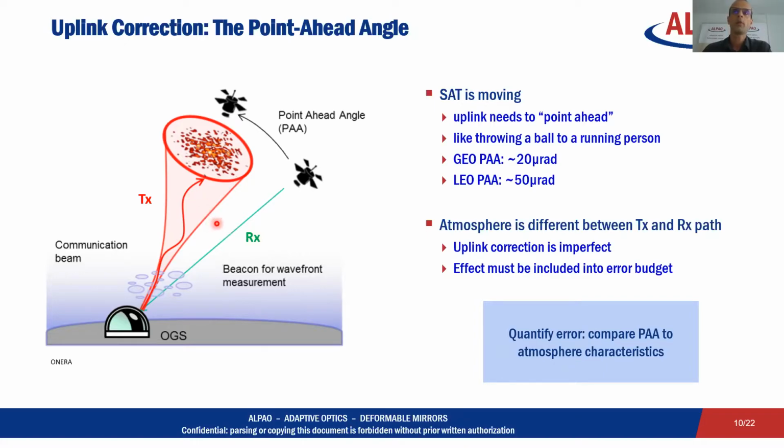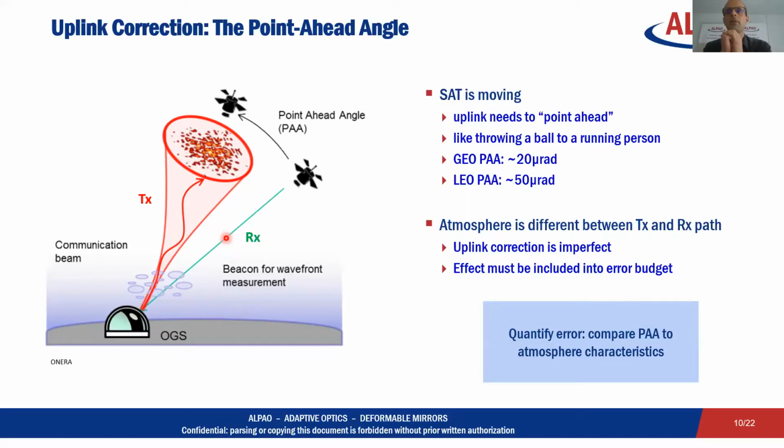Because when we want to point at something that is moving, we need to point a little bit ahead. It's like throwing a ball to a running person. If you throw it to their current position, you're not going to hit the person. And with photons that also have a finite speed of propagation, it's the same phenomenon. So we need to point ahead in order to have the photons ready at the right location at the right time.